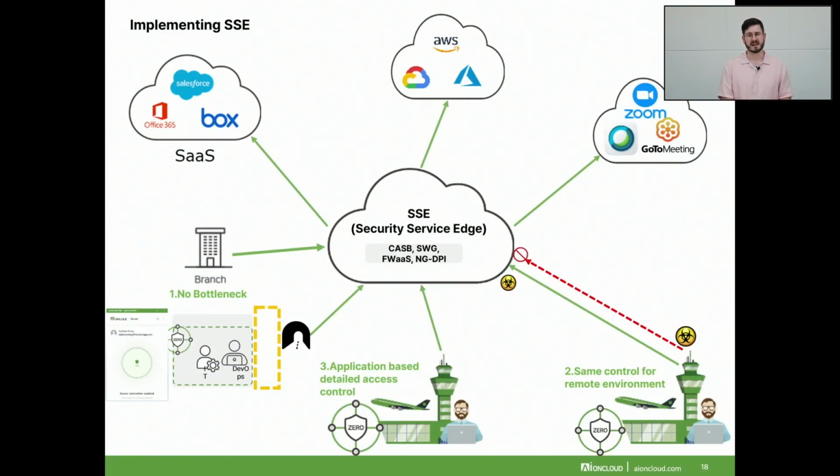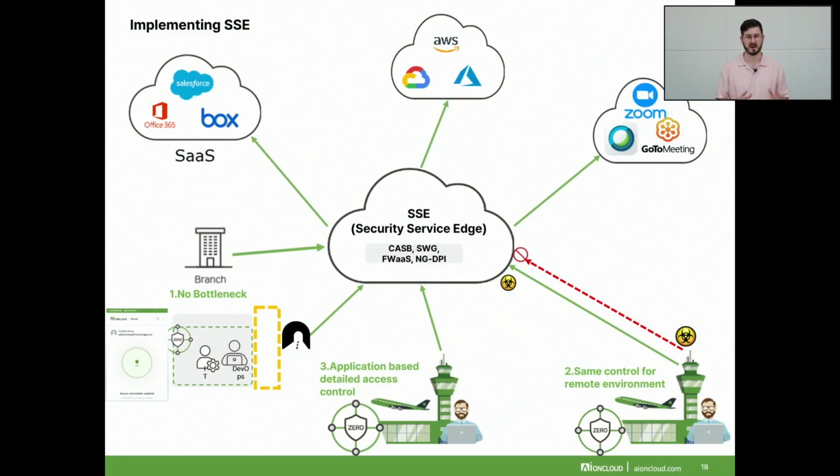So by using an SSE, the gateway and security stack are located in the cloud. And all users, including those inside the trusted zone, are authenticated and protected by accessing this cloud system. So why the SSE, and why AIONCLOUD's SSE solves the previously stated problems, is here.